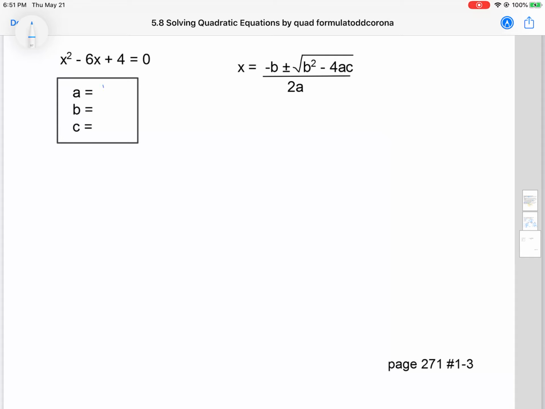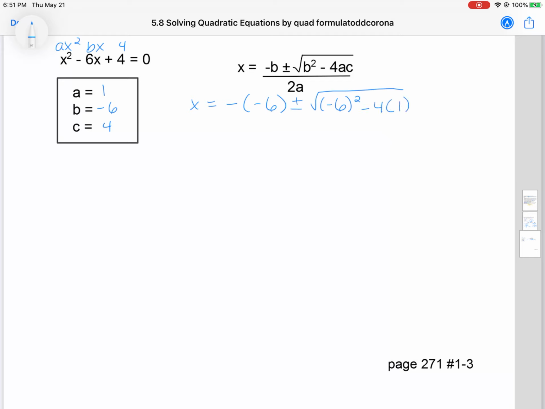All right, so let's do another one. Here we have x squared minus 6x plus 4. Even though the a value is only 1, that's fine. The b value is -6. And the c value is 4. So this time, when you go to plug it in, you're doing negative -6. So what happens there, you get a positive, right?